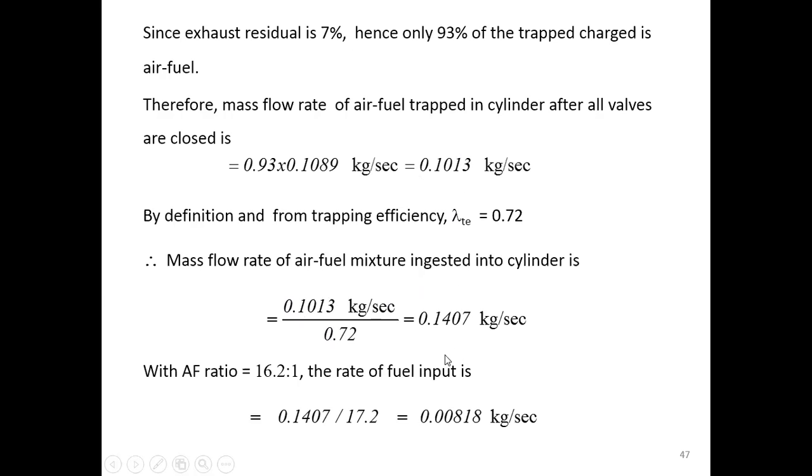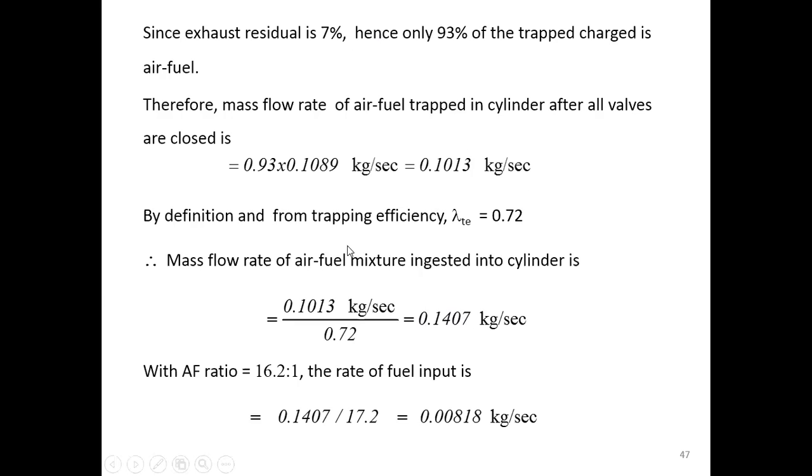This is the actual amount of air-fuel flow rate into the cylinder, but only this amount is trapped, because along the way, our intake valve is open and our exhaust valve is also open. Some of this air-fuel mixture might flow out with the exhaust air. That's why these two amounts are not the same.